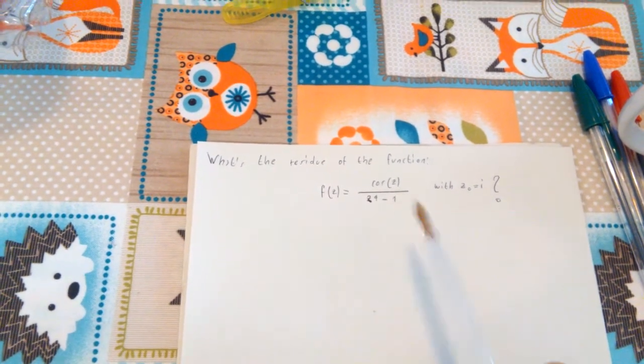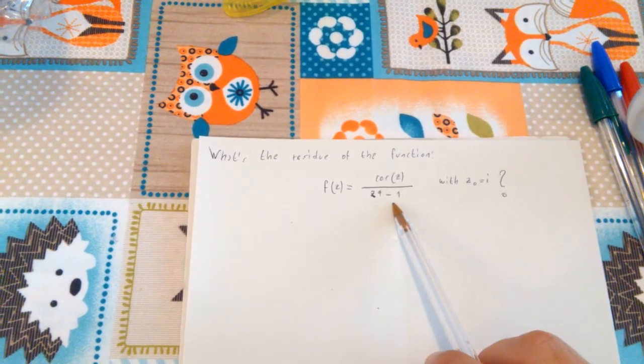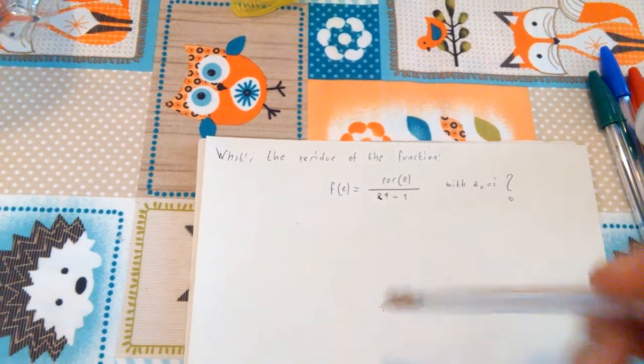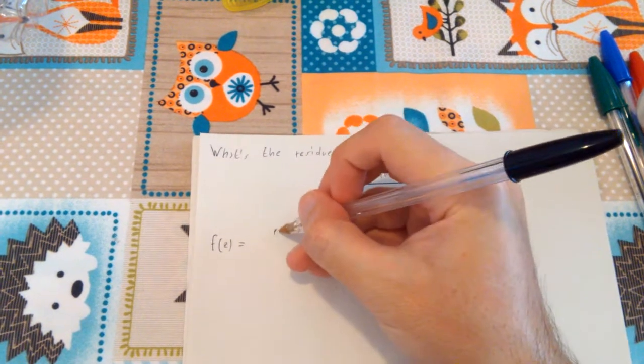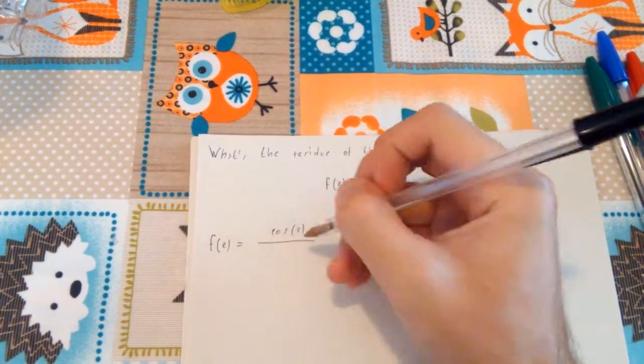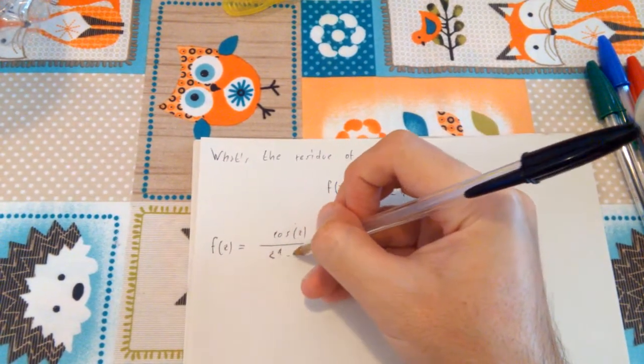First of all, we don't like this denominator, so we are going to rewrite it. So f of z is equal to cosine of z over z to the 4 minus 1.